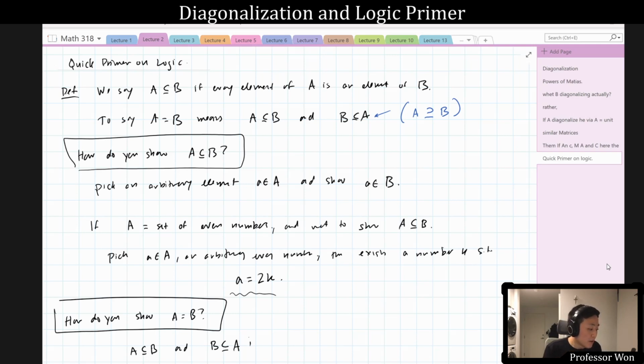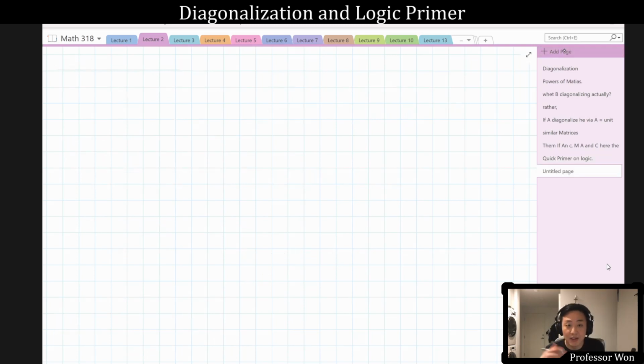The first bit of 1.5 is about proving or showing or explaining or justifying if-then statements. They're very, very common forms of statements in mathematics, and there are lots of examples all over the place.